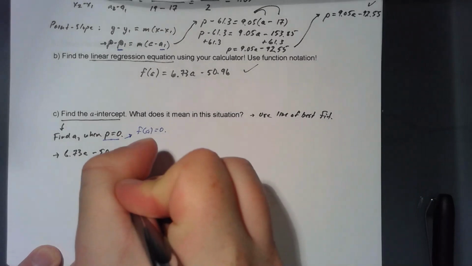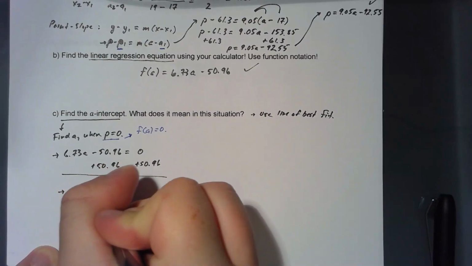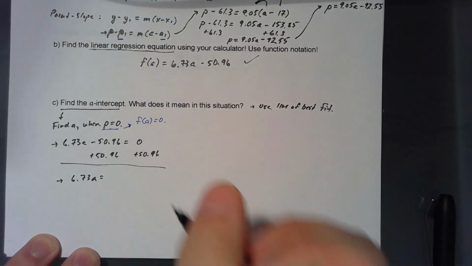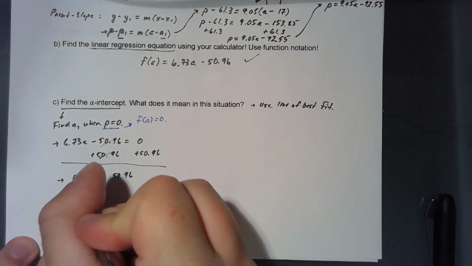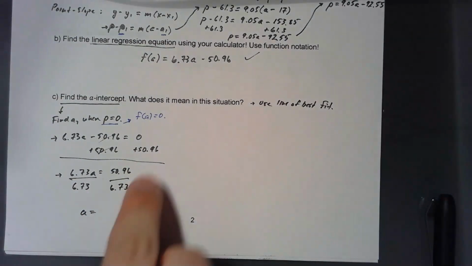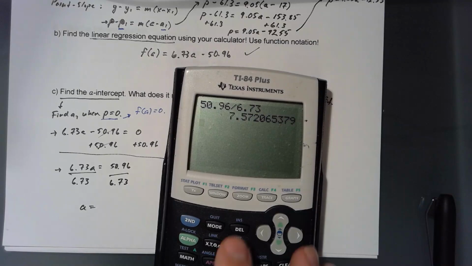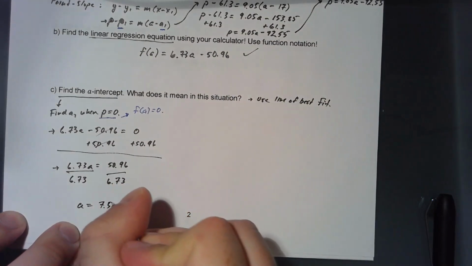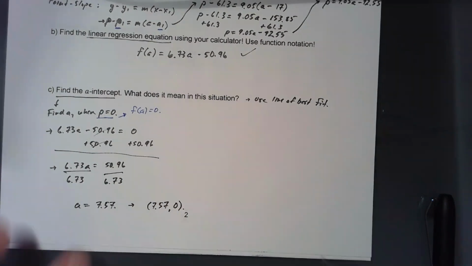Add 50.96 to both sides. 6.73a equals, they cancel, so I get 50.96. Divide both sides by 6.73. So a equals 50.96 divided by 6.73 gives me 7.57 if I round that to 2 decimal places. So my a-intercept is 7.57, comma, 0.